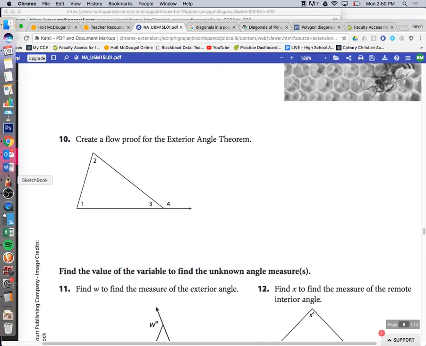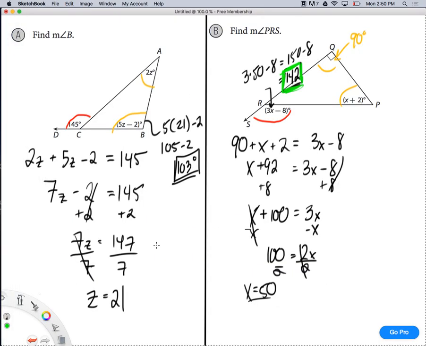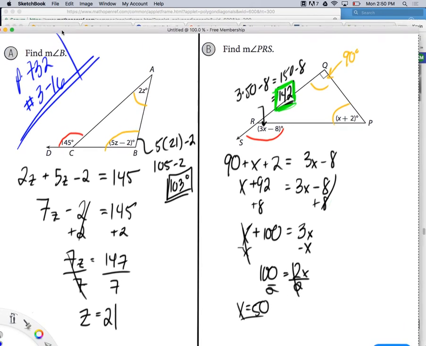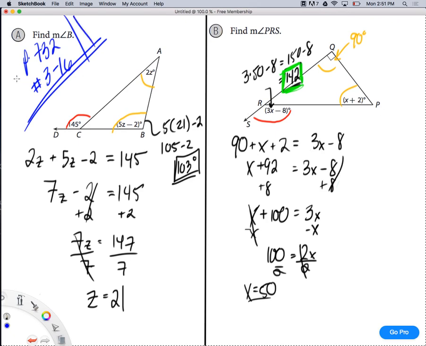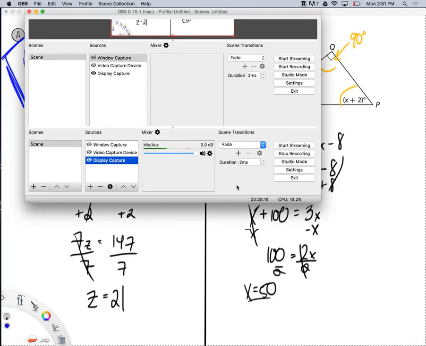Page 232, numbers 3 through 16. And remember, if you find all the angles in number 16, you get some extra credit. Hold on one second. Okay, any questions?